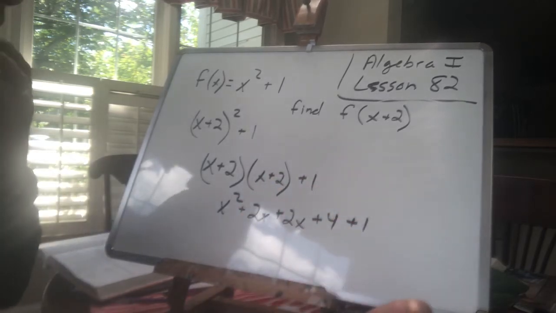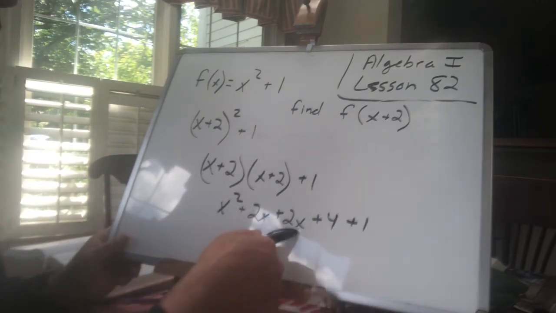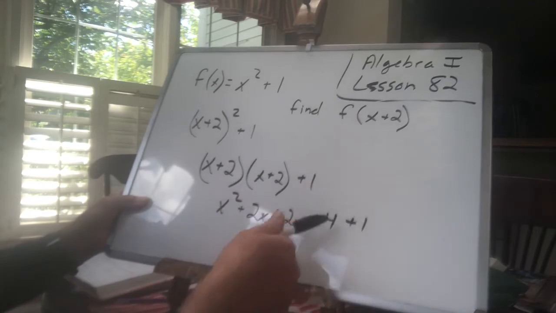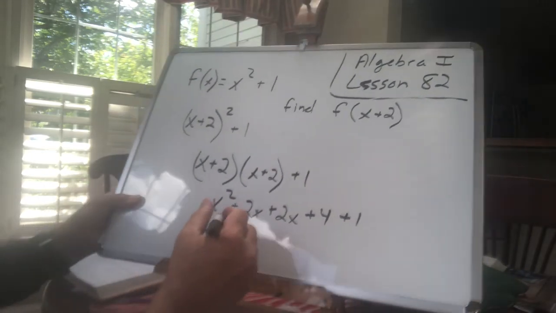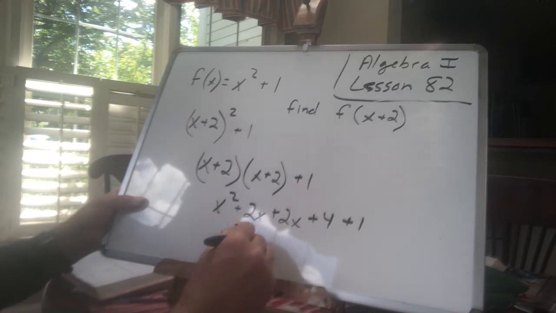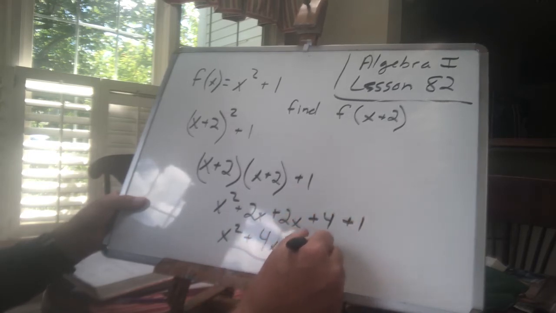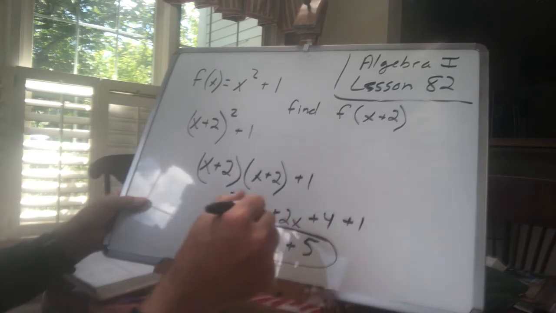So we add like terms. The only like terms there are the two x terms and the two numbers. So we have x squared plus 2x plus 2x is 4x, plus 4 plus 1 is plus 5. That would be your answer right there.